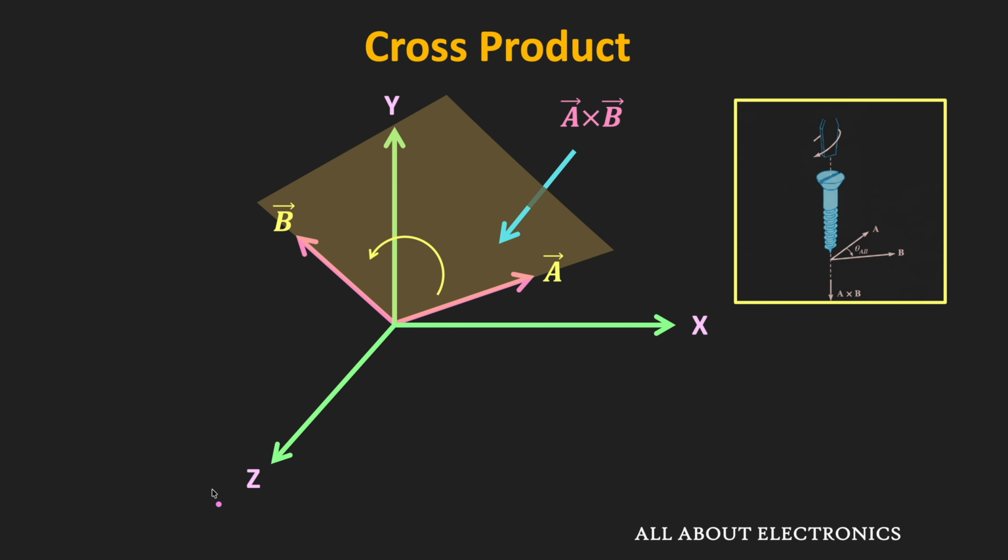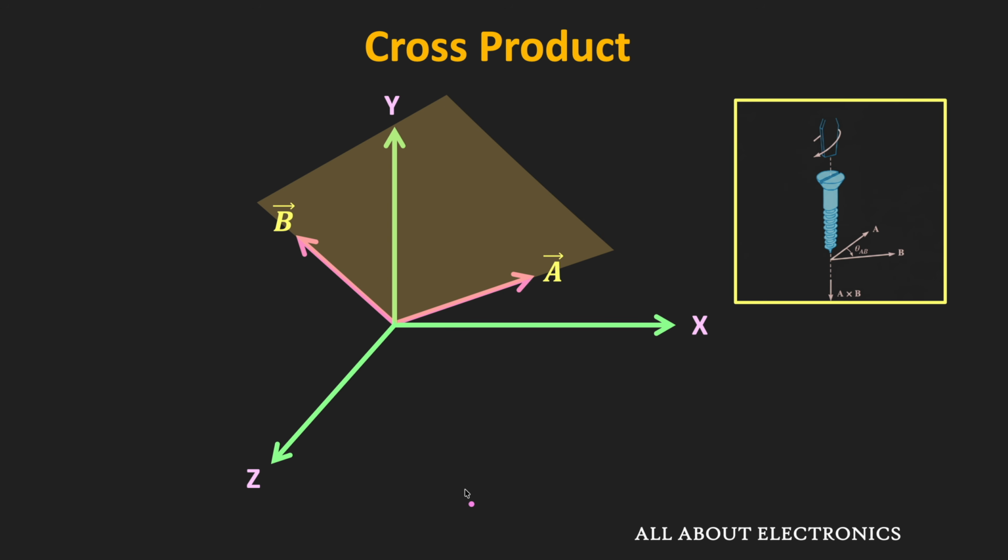Now on the other hand, instead of A cross B, suppose we find B cross A. Then once again the resultant vector will be perpendicular to the plane containing both vectors A and B. But now its direction will be opposite. So let us find its direction with the help of this right hand screw rule.